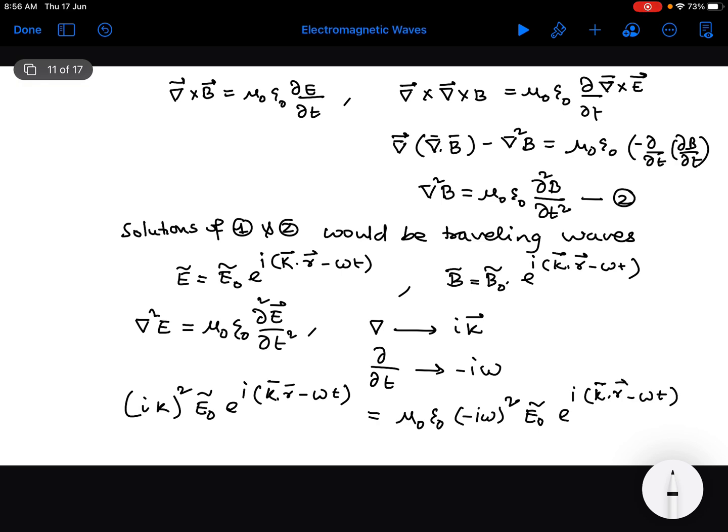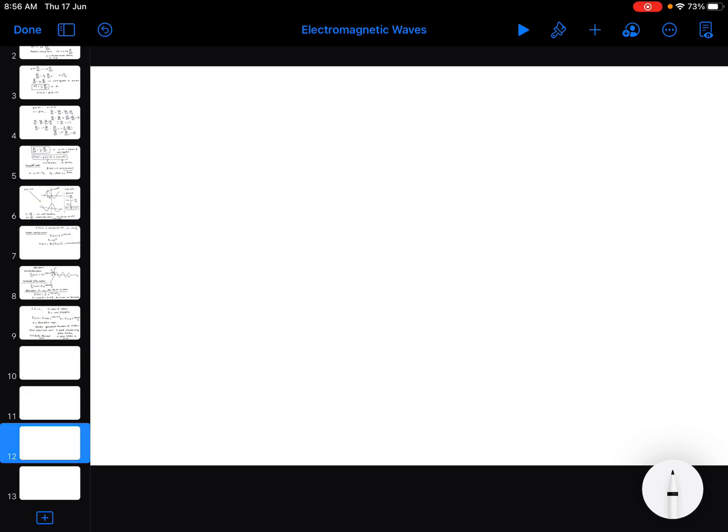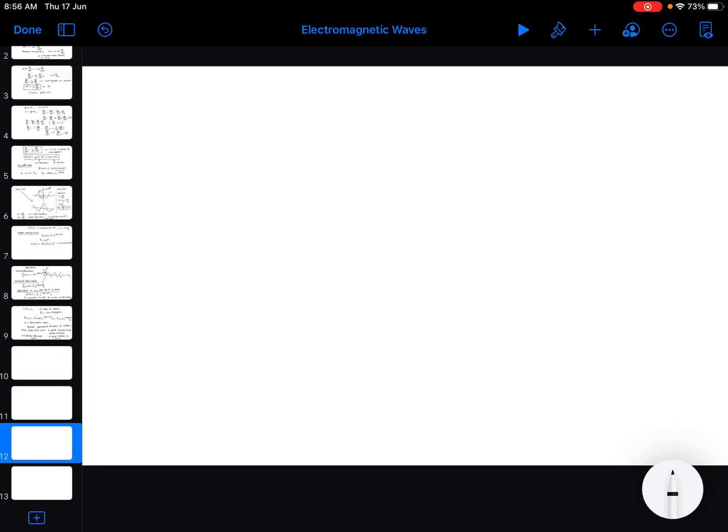We see that the exponential terms are common, so we get (i k) whole squared is equal to mu naught epsilon times (minus i omega) squared.